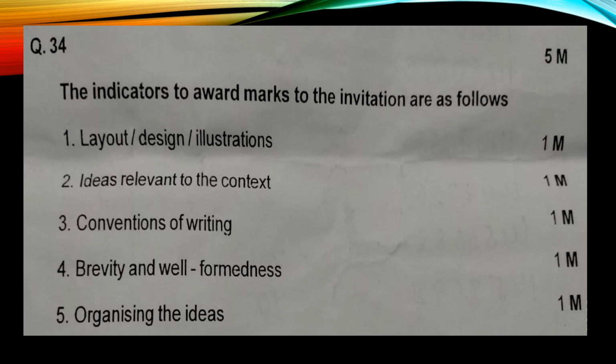Fifth one, organizing the ideas. Students, please keep all these 5 points in your mind. Then according to these 5 points, when you prepare the message or invitation, you will definitely get 5 marks for this. Hope you understand this minor discourse.